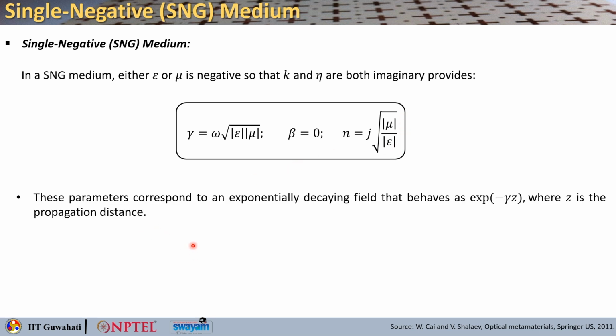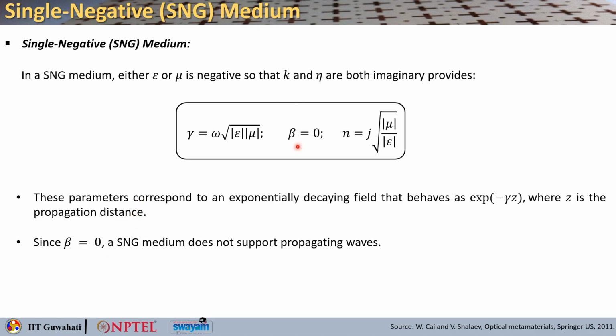So, these parameters basically correspond to an exponentially decaying field that behaves as exponential of minus gamma z, where gamma is the attenuation constant. This tells you that the wave is going to exponentially decay in this kind of single negative medium.